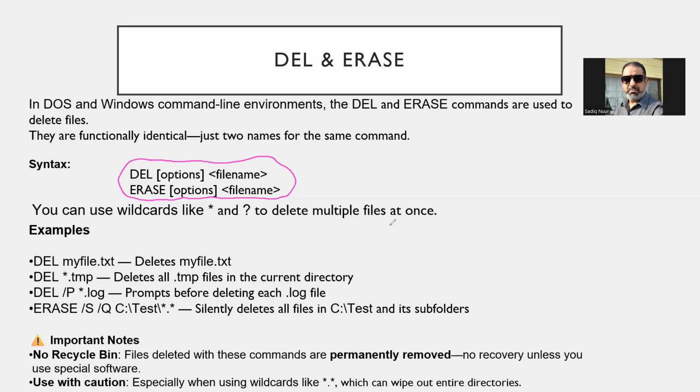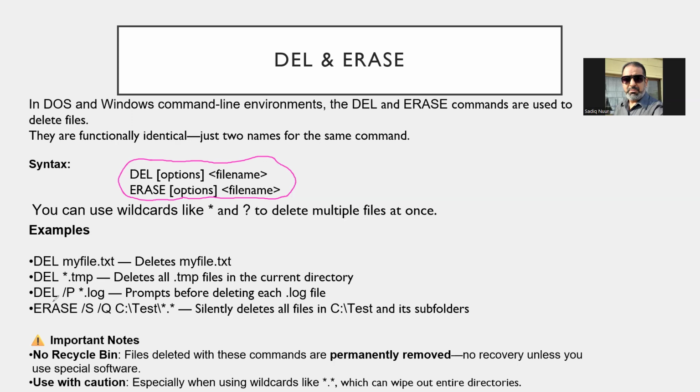Let's say I want to delete all the temporary files in my computer, you will say del space star dot tmp. That's the temp file extension, right? So it deletes all the temp files in the current directory. Wherever you execute the delete from, everything in that current directory will be deleted.